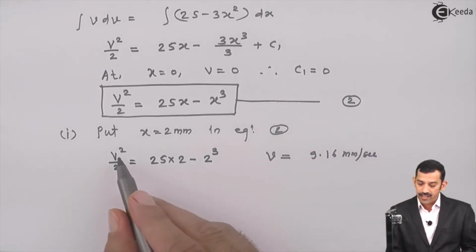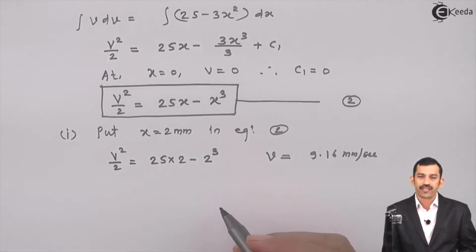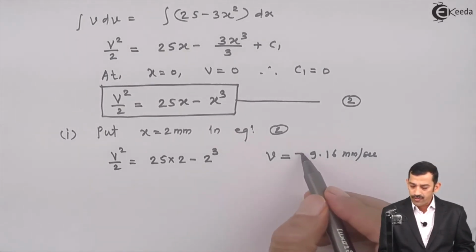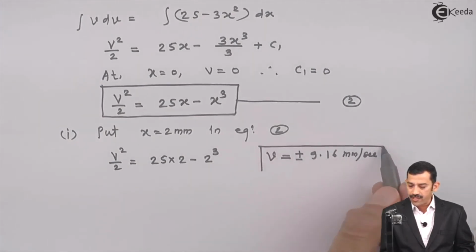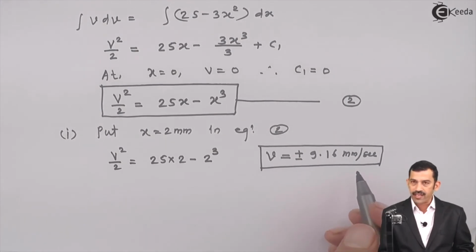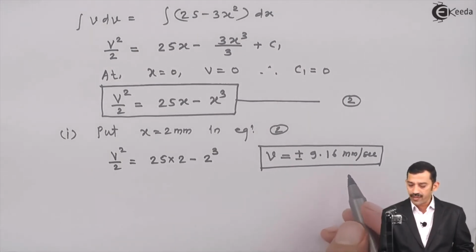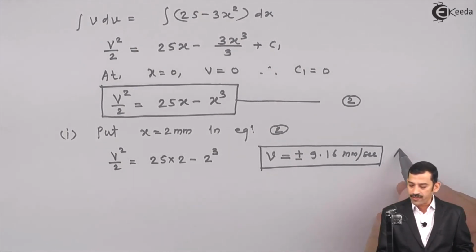But as we are getting a v² term, if we take the square root, both positive and negative are possible. That means the velocity of the particle may be positive 9.16 as well as negative 9.16 millimeters per second. This is your first answer.